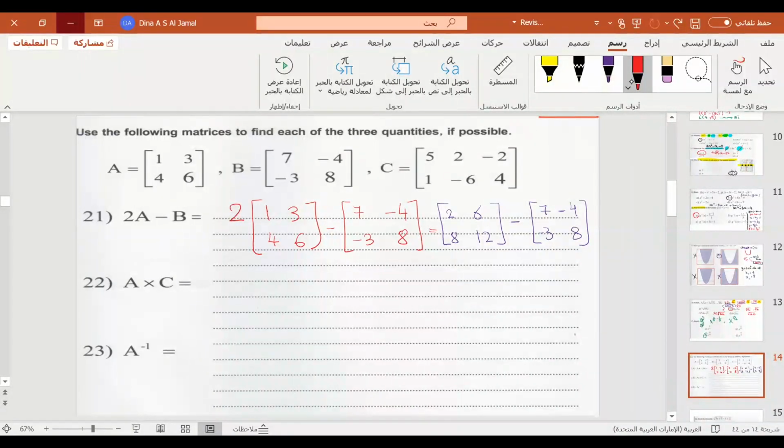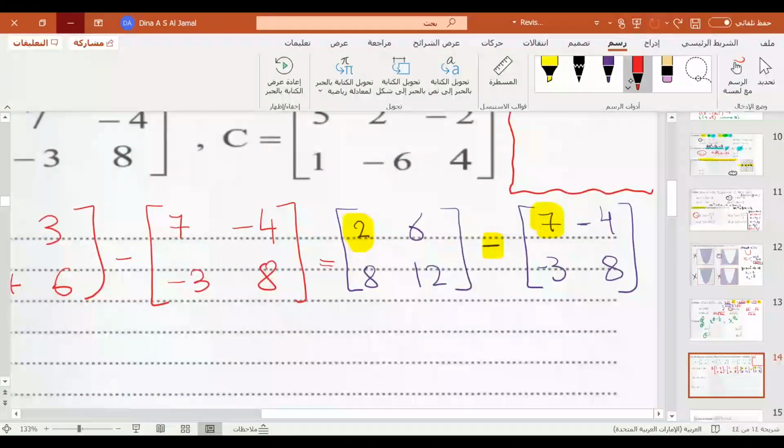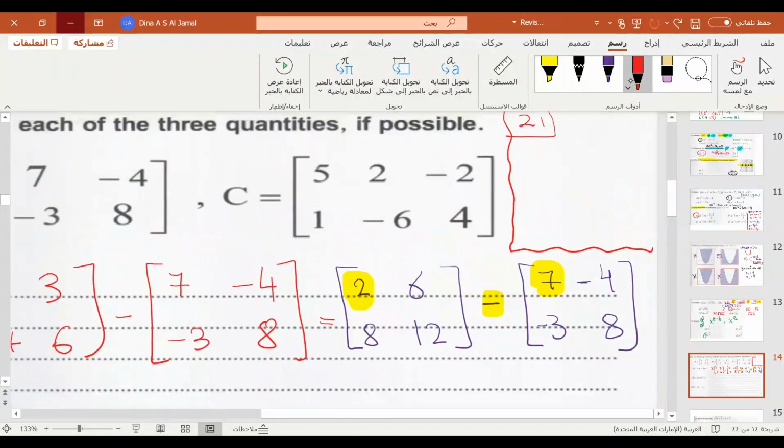To save a place, I will be writing the answer here. So after subtracting, you will be taking each term, subtract with the other term, and you will be putting it. So your answer of 21 will be, let me just maximize this, and then solve here. It will be a matrix, again, 2 rows, 2 columns, minus 5.